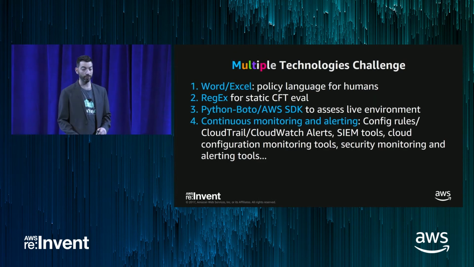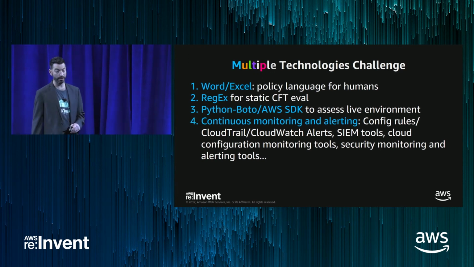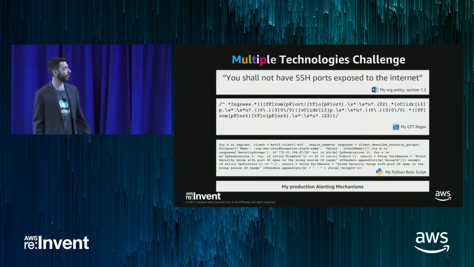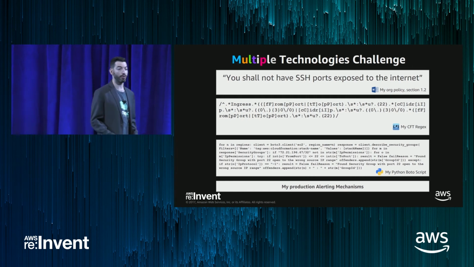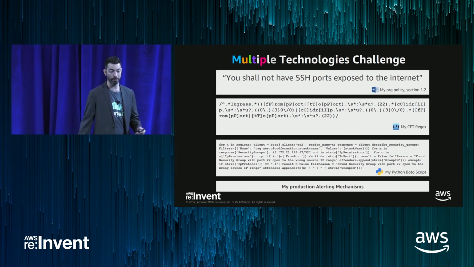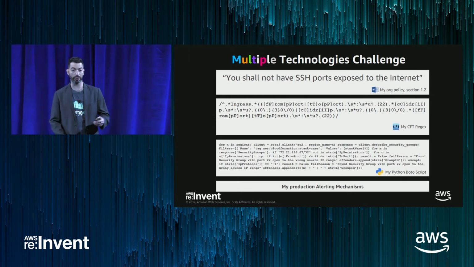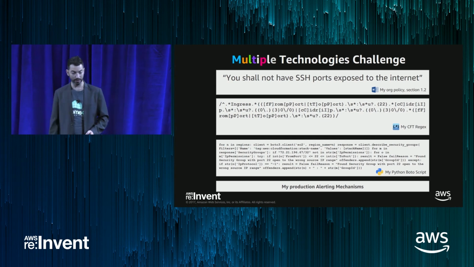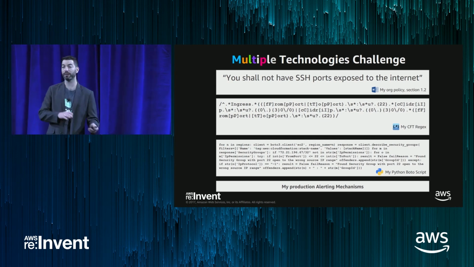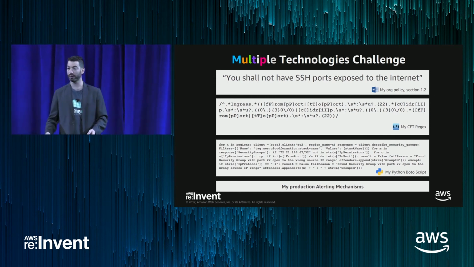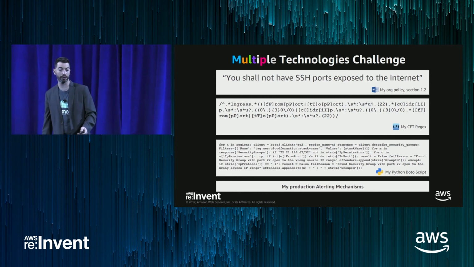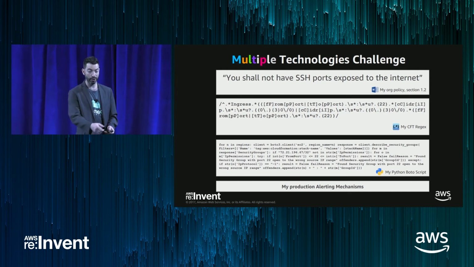The last challenge that I'm going to talk about is this multiple technologies challenge. We're going to have this Word or Excel spreadsheet for the human beings, where we define our policies. We're going to have the technology that we reason about our CFT, our static code, in this case the regular expression. We're going to have this live Amazon SDK code with Java, JavaScript, .NET, Python, that we're going to reason about our live environment.